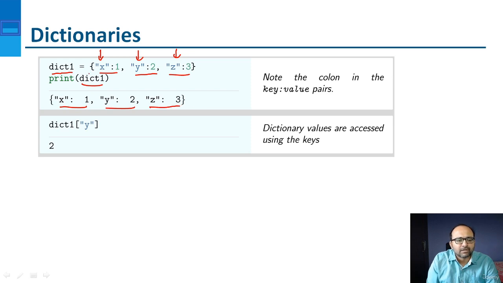Now dict1 of Y, we are printing the key's corresponding value. What are the keys here? X, Y, Z. Among which I am taking one particular key called Y, and its corresponding value 2 will be displayed here.